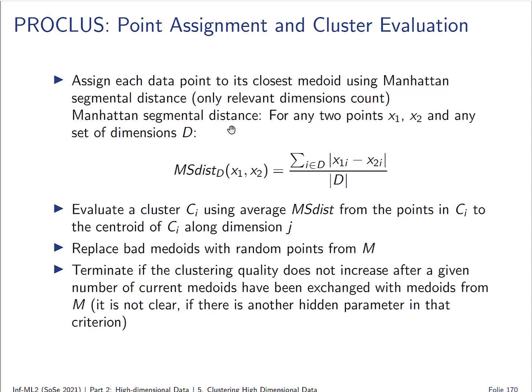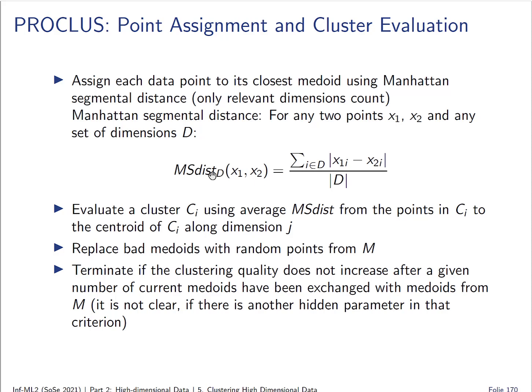So the Manhattan segmental distance for any two points, x1 and x2, where one will be a medoid and one a data point, and any set of relevant dimensions D, will just take the difference in the corresponding features of these two points, but only in the relevant dimensions, normalized by the number of dimensions, so that we can compare distances in some 10-dimensional feature space or in some 2-dimensional feature space.